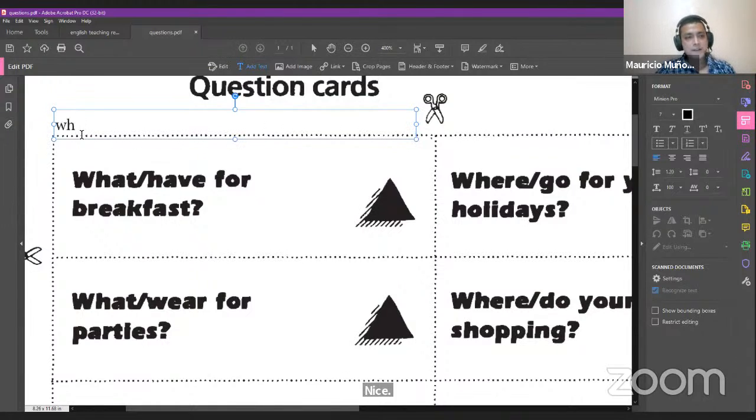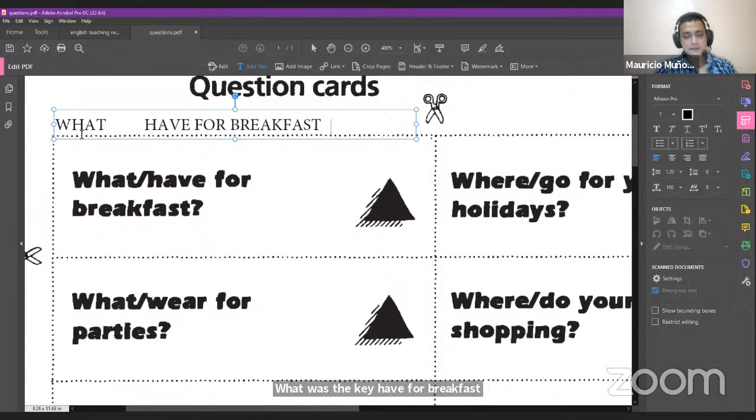So we have here, tenemos aquí have for breakfast. Dependiendo de nuestro sujeto, si yo pongo aquí you, mi auxiliar tendría que ser, obviamente, do.